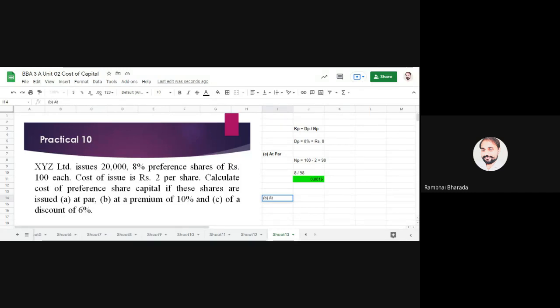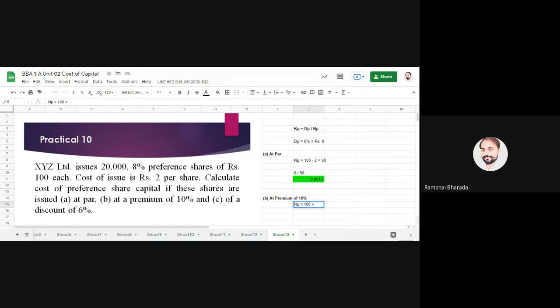B, at a premium of 10%. Now, what will be the value of NP here? NP is equal to face value 100. Here we have premium, so we need to add.